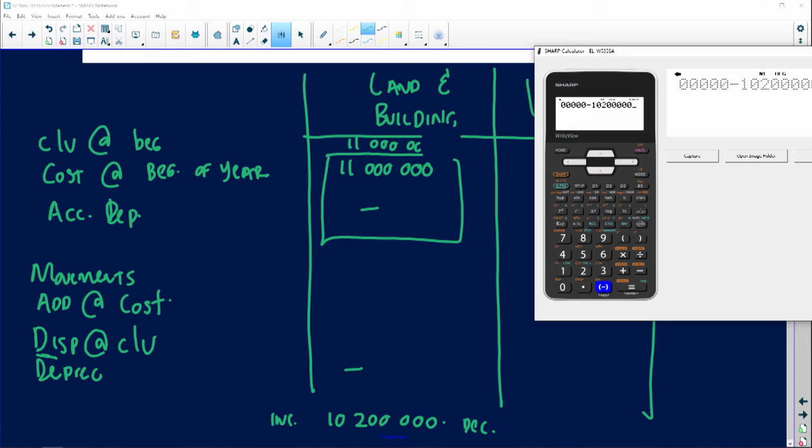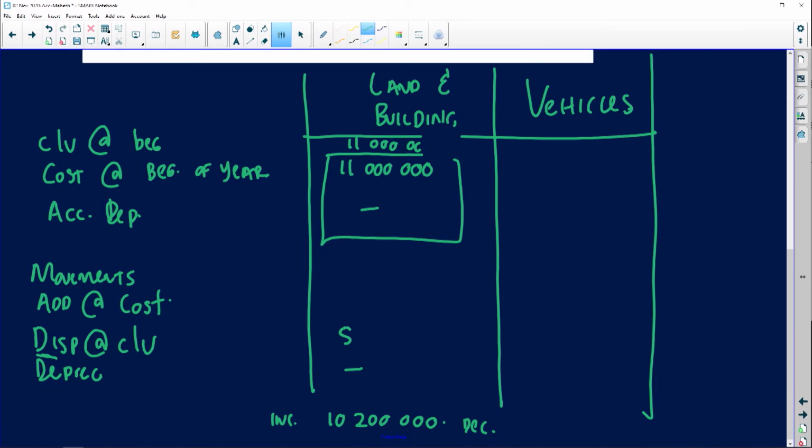Okay, lots of zeros. I just want to make sure that I haven't missed out anything. So the property that we've disposed of, disposal at carrying value, 800,000. Okay, and that needs to be in brackets. So there wasn't an addition, so that was the error that I made. I thought there was an addition, but clearly there isn't.